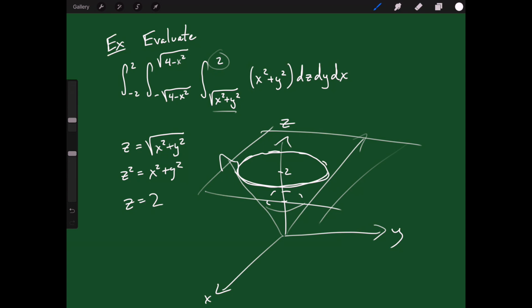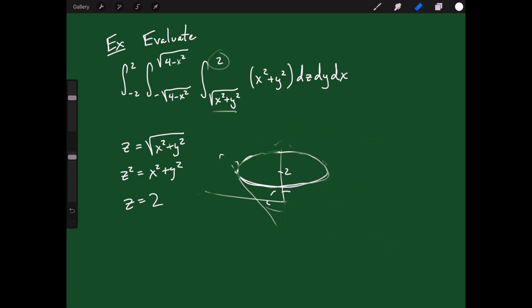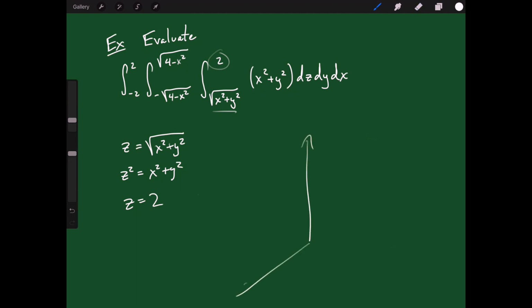So if I wanted to redraw it really quick, maybe I'll erase real quick here. Draw it a little nicer now that we know what it looks like. I just have this cone that goes up 2 units.